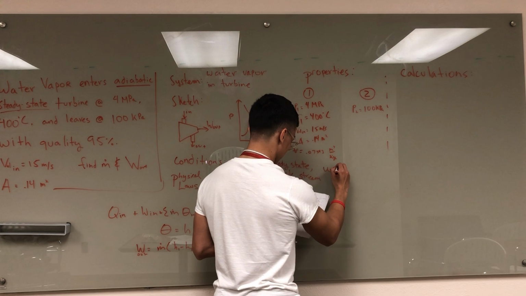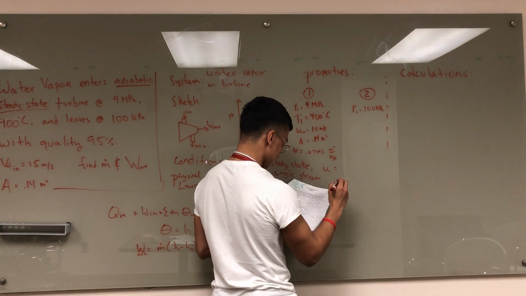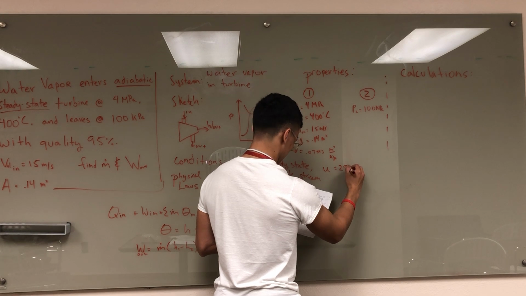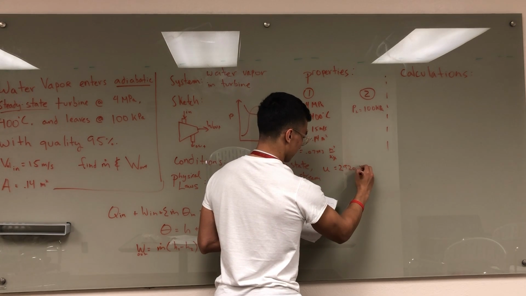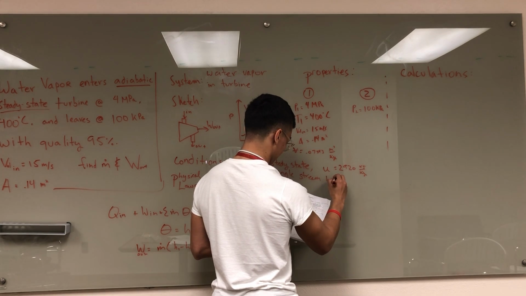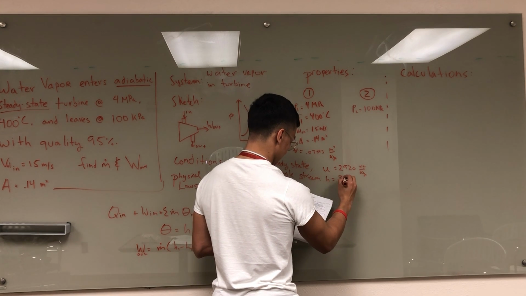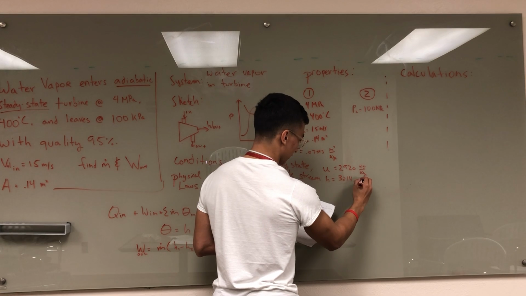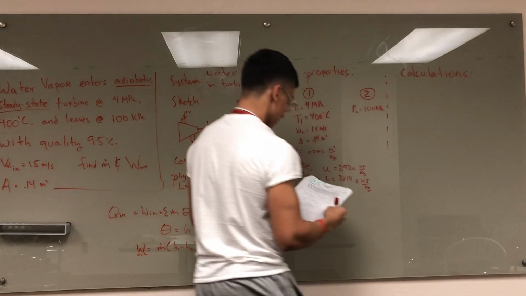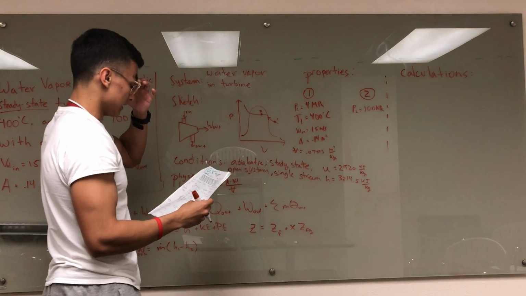Write the internal energy. I like writing everything down just in case I need to use it. So the internal energy is going to be 2920 kilojoules per kilogram, and the enthalpy is going to be 3214.5 kilojoules per kilogram. And this was found using table A6 in your tables.